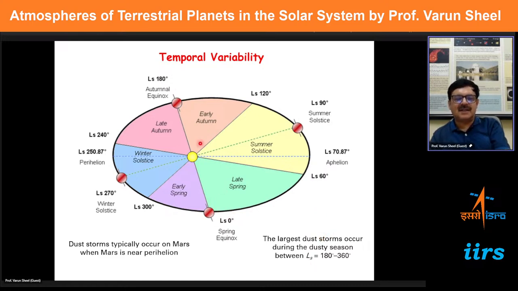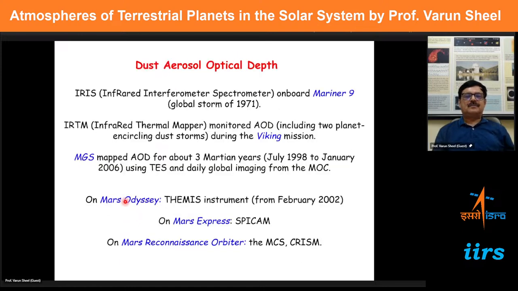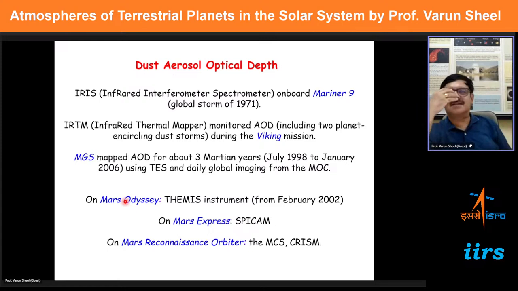LS is typically the angle between this axis and this rotation which it makes, so it characterizes the season. You start with spring equinox and you move over to the other seasons. So this is typically the dust season, where LS is about 250 to 300 degrees. And as I said, a lot of dust gets loaded into the atmosphere.